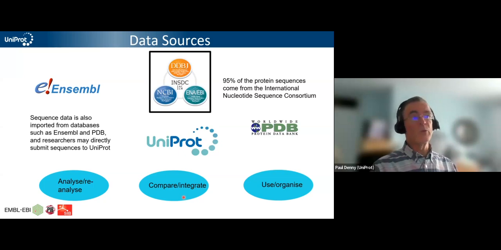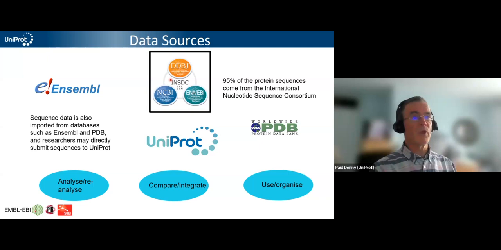Where does the data come from, which makes up what's in UniProt? We've got three main sources. The biggest one is the International Nucleotide Sequence Database Collaboration, so the ENA here at the EBI in Hinxton, the Japanese equivalent, DDBJ, and then NCBI in the States.